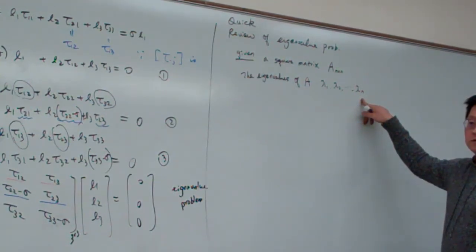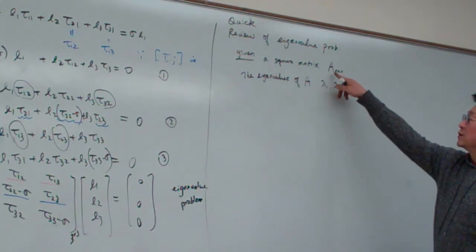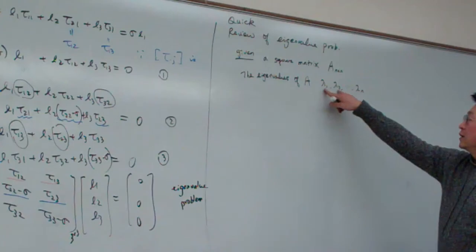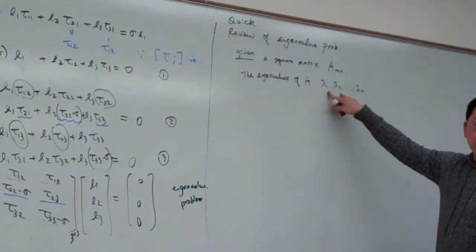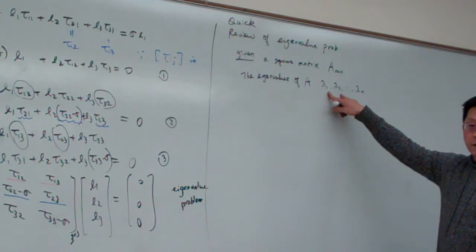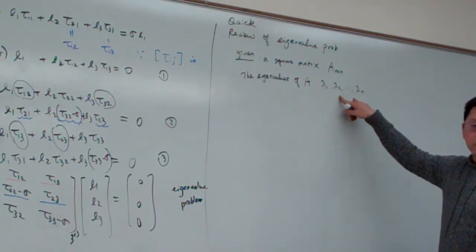But in certain special conditions, which means a certain arrangement and content of A, the eigenvalues can be repeated, okay? Can be repeated. And for the majority of engineering applications, all the eigenvalues should be real numbers.